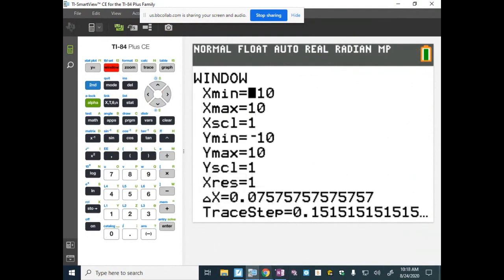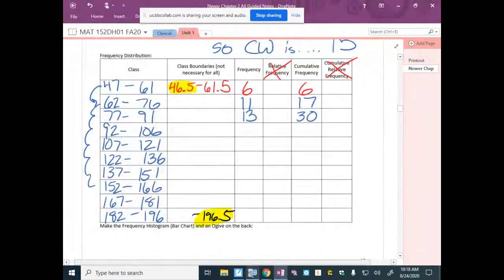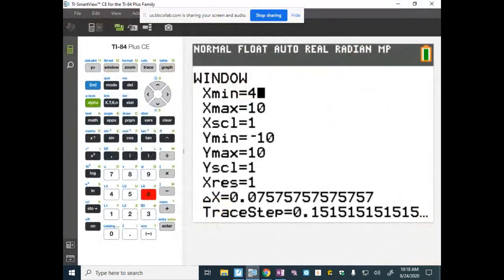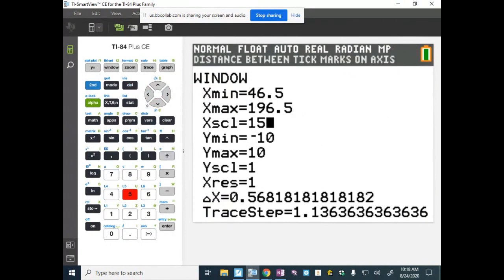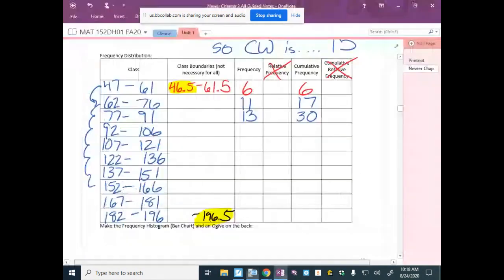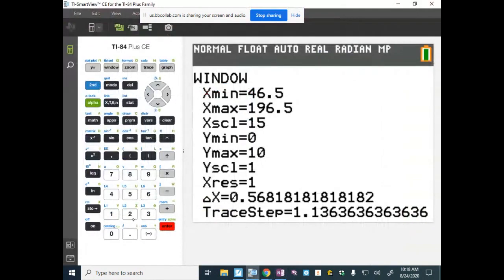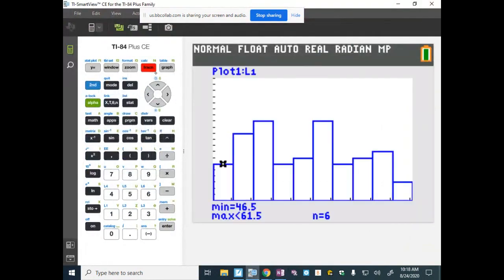My window values, my X-min and X-max, will be 46.5 to 196.5. My X scale is 15. Make the Y-min 0. So far we have something with over, so let's make the Y-max 20. Let's see what happens. Boom.